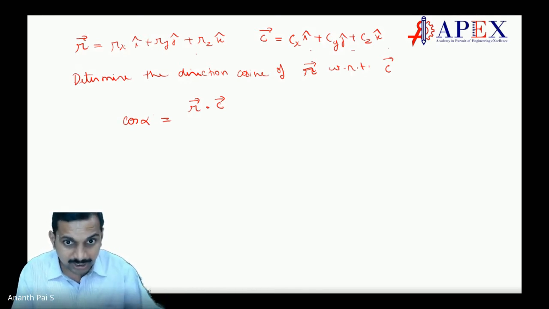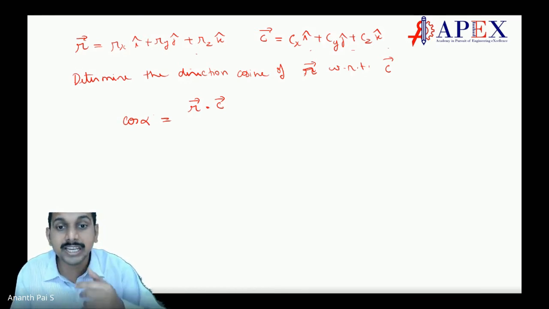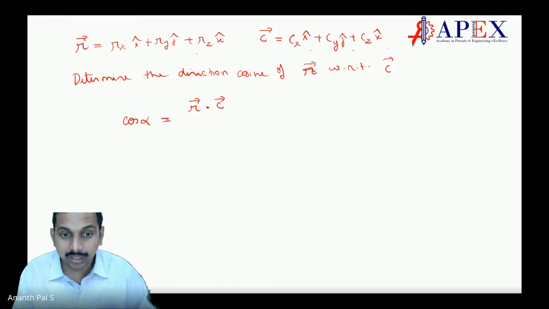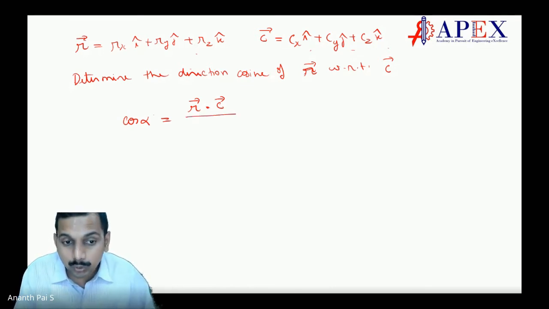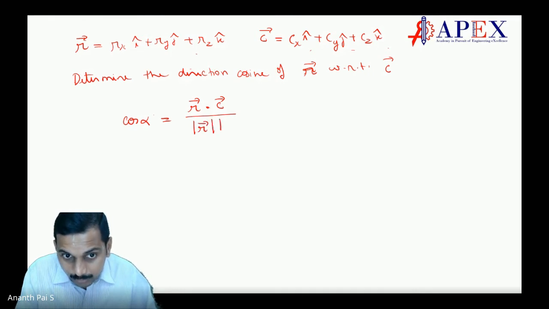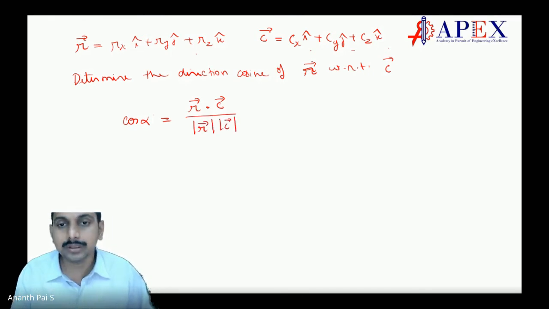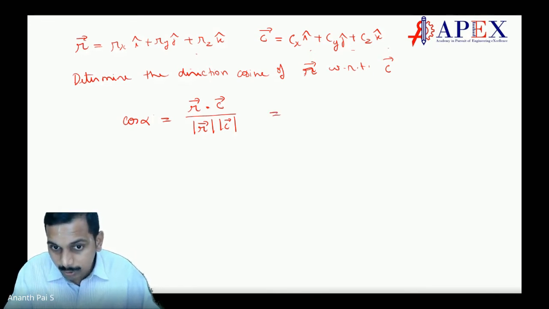This cos alpha is the direction cosine of r with respect to c, or it is the angle between those two vectors given by r magnitude divided by c magnitude. Make sense? So now initially, when you say r dotted with c, what you get?